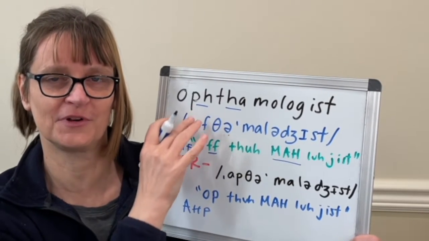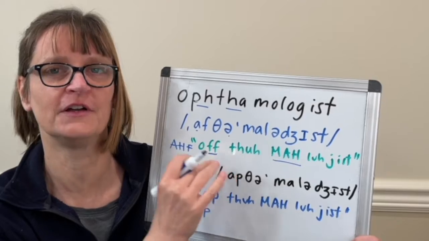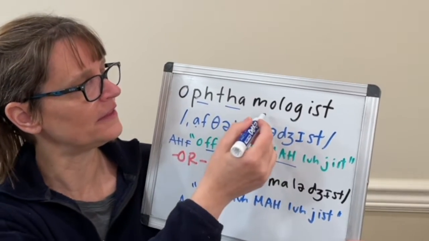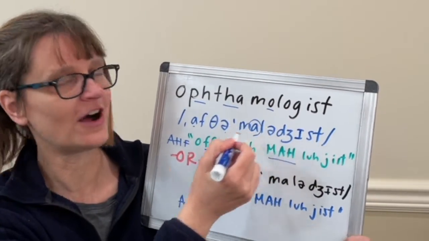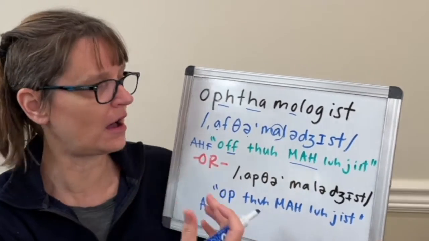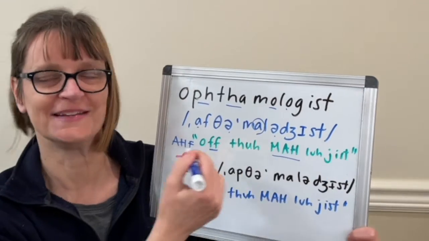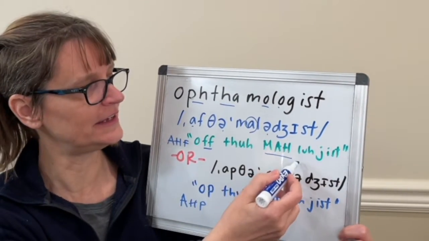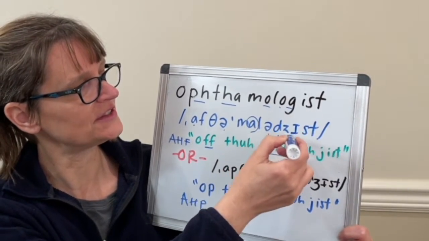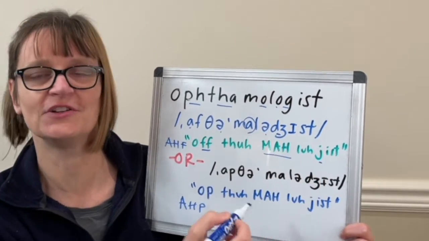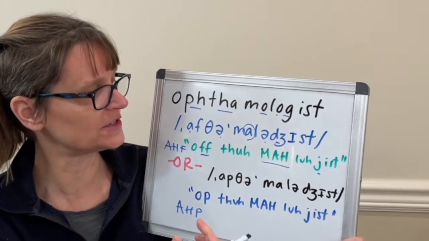So far in the top pronunciation we have off the, and then this letter O again says our ah sound, ma, off the ma. Then this letter O goes back to being a schwa sound, sounds like l. And finally letter G says the j sound, gist, ophthalmologist.